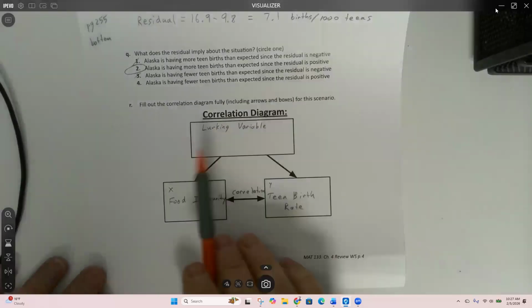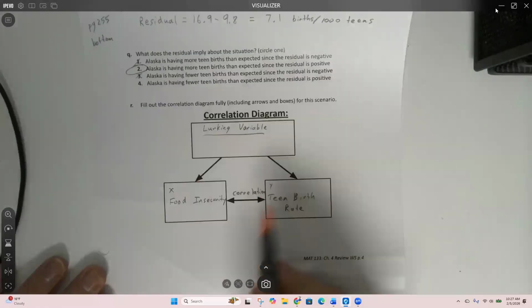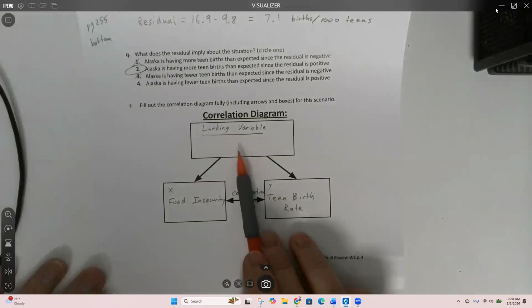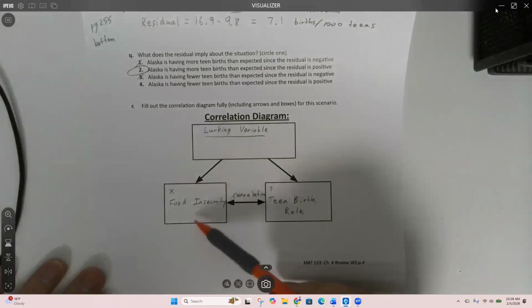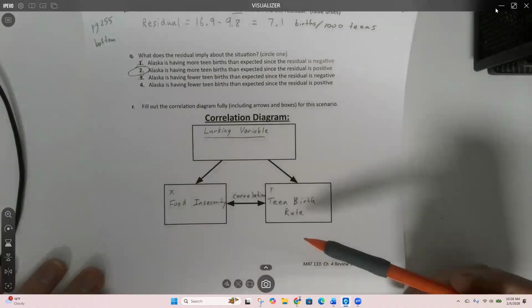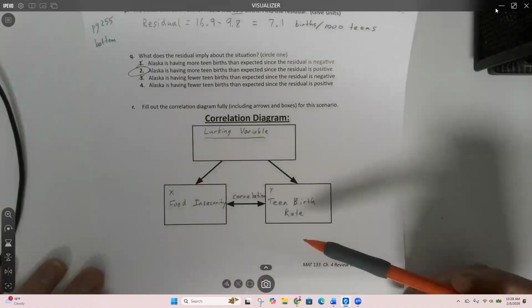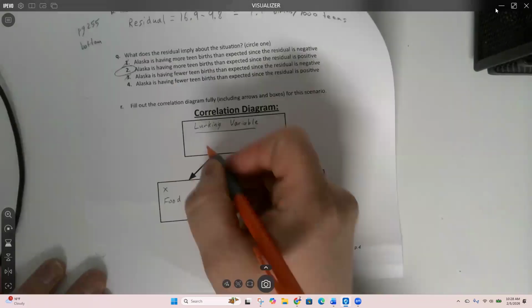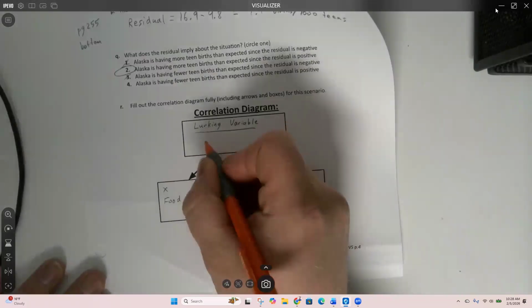So what would be a variable? What would be a thing that would cause a state to have high food insecurity and high teen birth rate? Yeah, so socioeconomic, income, things like that.